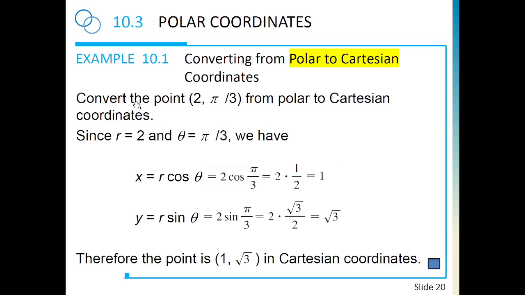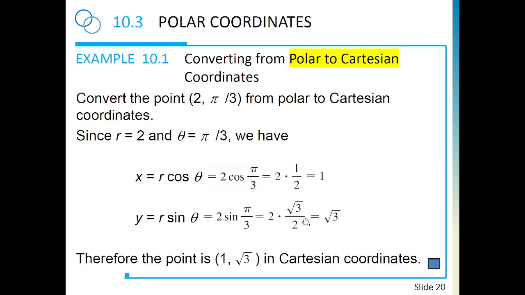So if I have polar coordinates of a point, so distance from the origin is 2, angle is pi over 3, what are the Cartesian coordinates? Well, that's easy, it's straightforward, just plug and play. R is 2, angle is pi over 3, I plug it to get x and y, simple.